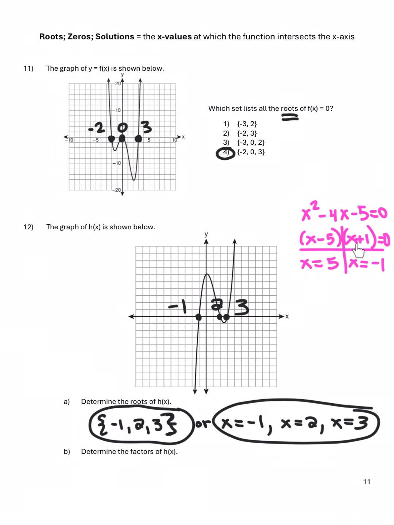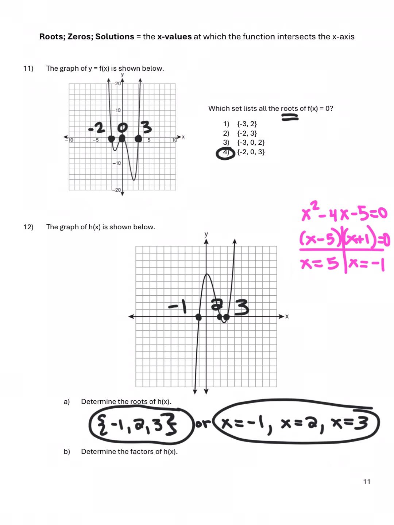And from a factor of x + 1, we get x equals -1. Okay, these are called your solutions or roots or zeros. See how the zeros or the roots have the opposite sign of the factors?